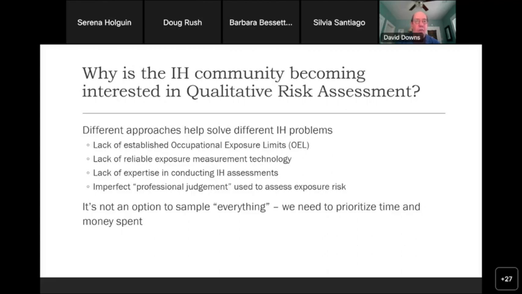Also, in many cases, we may not have a way to actually measure quantitatively. There may be no reliable exposure measurement technology out there, or it may not provide accurate results. So how do we make an assessment of what the risk is in a case like that?